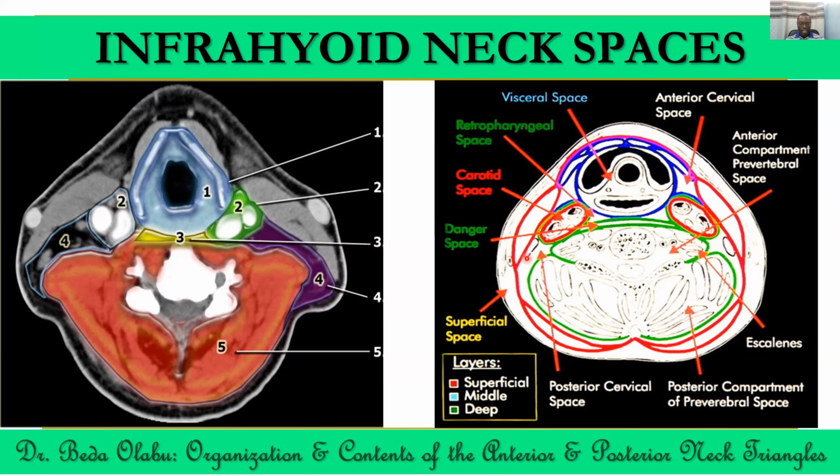The other space is the retropharyngeal space, labeled 3 there, or in this particular region, we can see the retropharyngeal space there. So the retropharyngeal space is a small space, largely potential, behind the visceral space. Don't confuse the retropharyngeal space with the danger space of the neck.